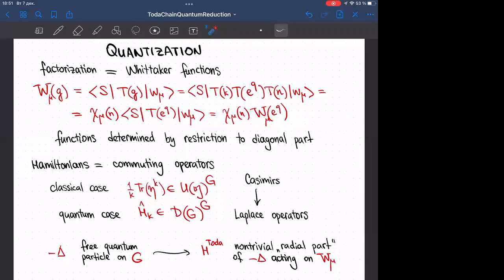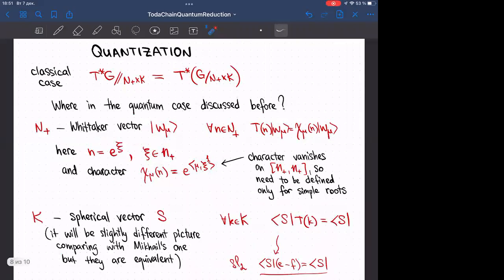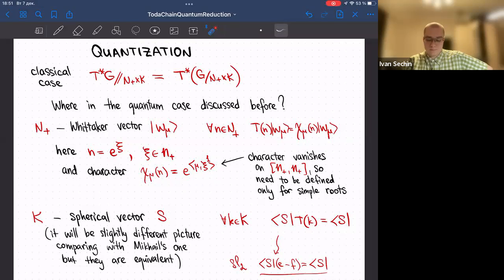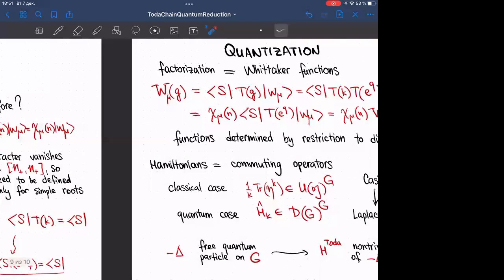And could you show once more the definition of the Whittaker vector? Ah, so that, okay. I lost the dependency on mu. Okay, thank you.